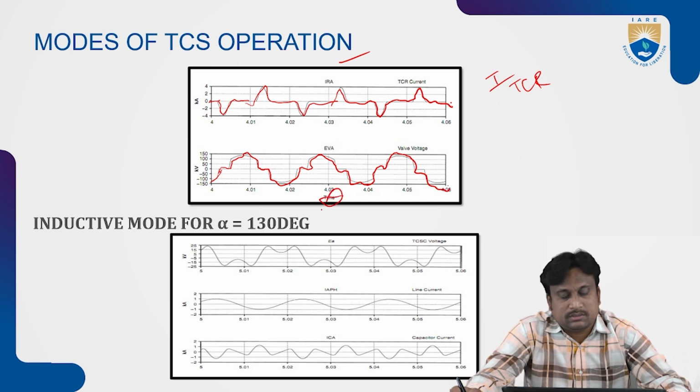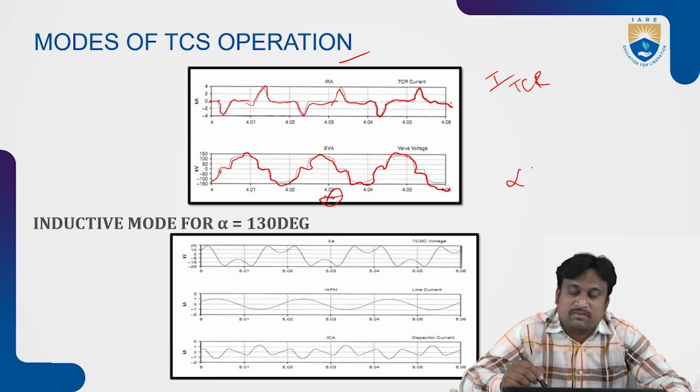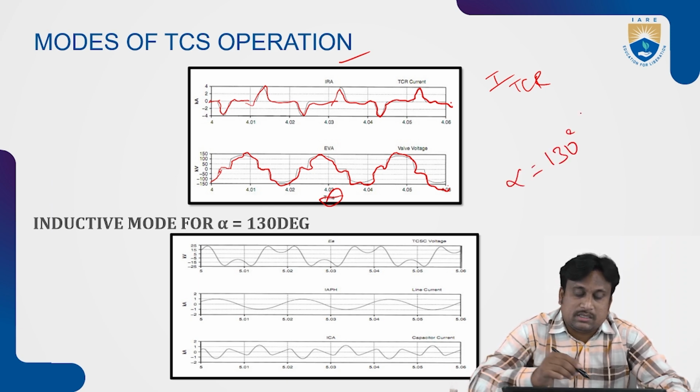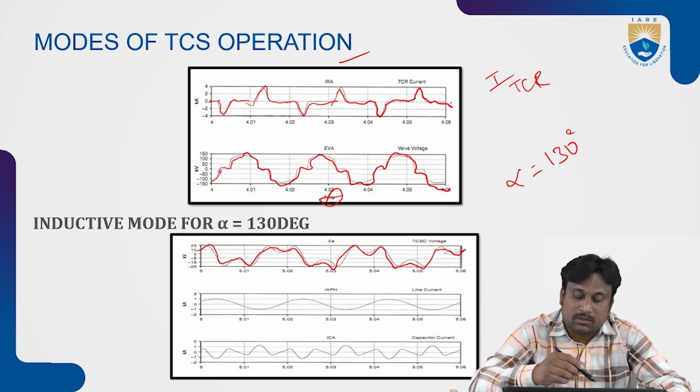When the inductive mode is introduced at an angle alpha equal to 130 degrees, the TCSC voltage follows with rise and decrement in the wave nature. This leads to the TCSC voltage, and the line current is treated here.